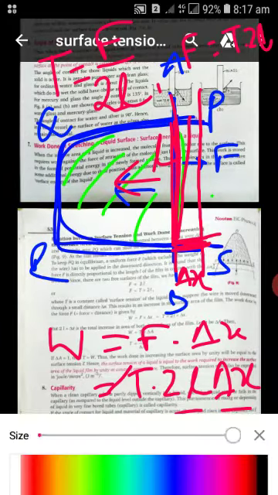So you can write surface tension into change of area. See students, this is the change of area, I think all of you agree with it. This is called delta A. So surface tension into delta A is called surface energy. From this you can find the work done or the surface energy.